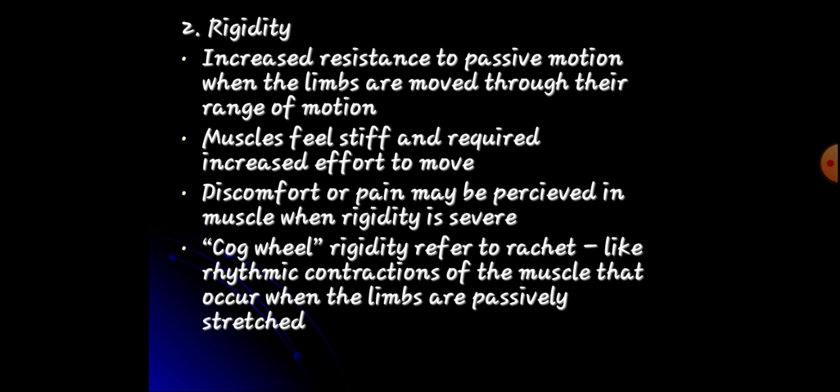Discomfort or pain may be perceived in muscles when rigidity is severe. Cogwheel rigidity refers to ratchet-like rhythmic contraction of the muscle that occurs when the limbs are passively stretched.